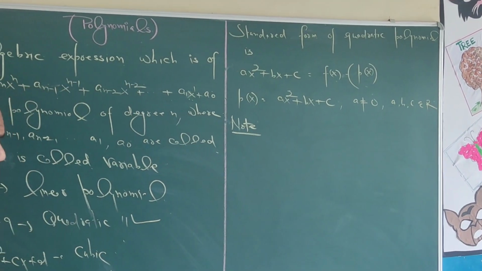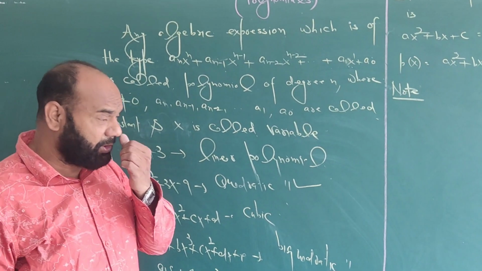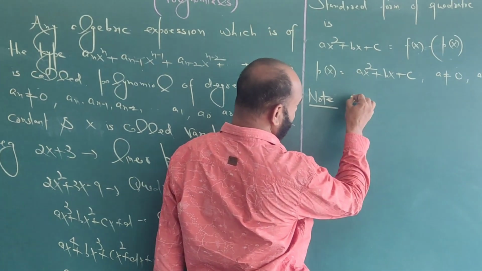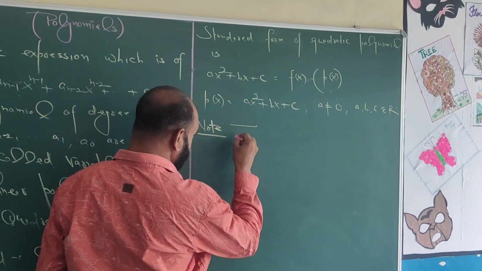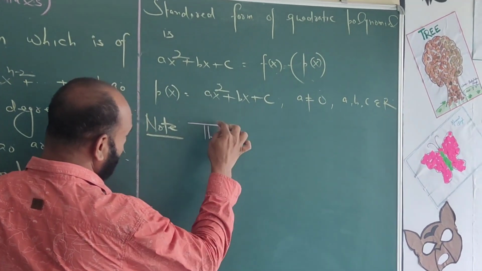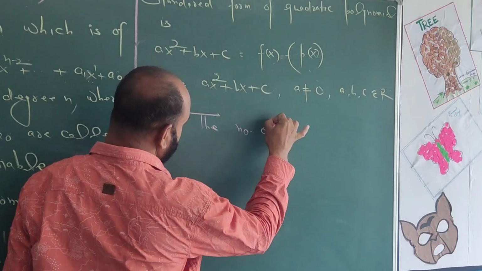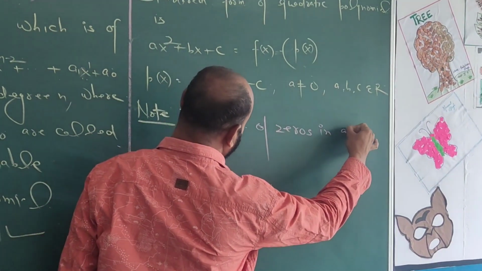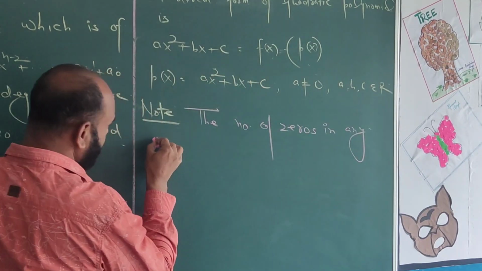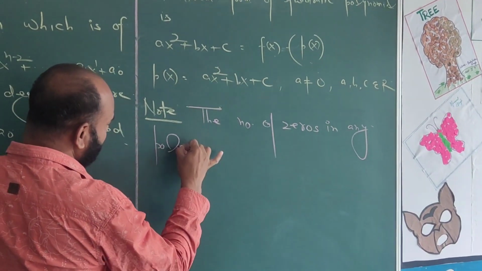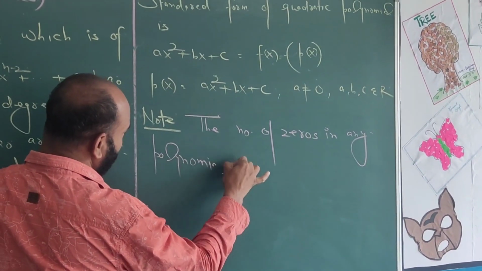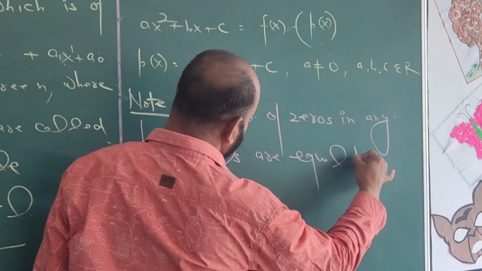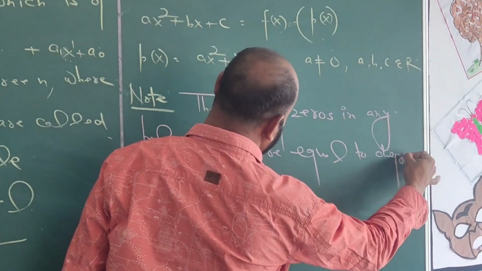Now, there is one point to be noted. The number of zeros in any polynomial is always equal to the degree of the polynomial.